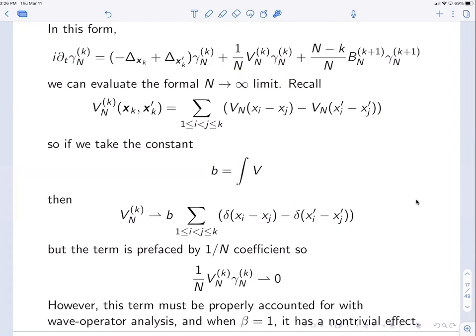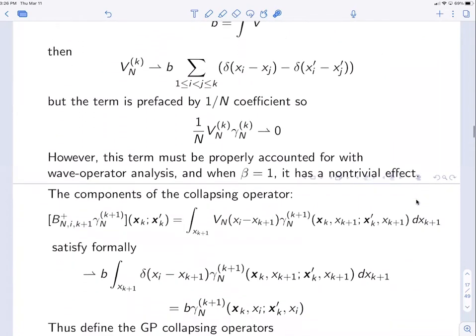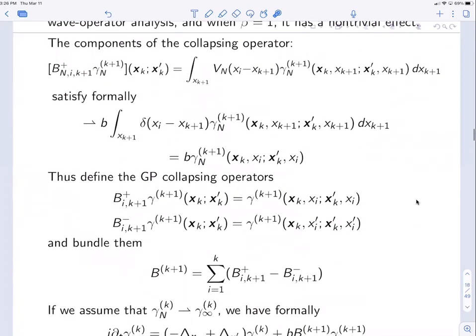And so the proper analysis uses wave operators, and then you actually find that when beta is equal to 1, this term does have a non-trivial effect and affects the nonlinear coupling coefficient that results from here. But when you take beta less than 1, it is indeed true in some sense that the potential part term has no effect in the limit.